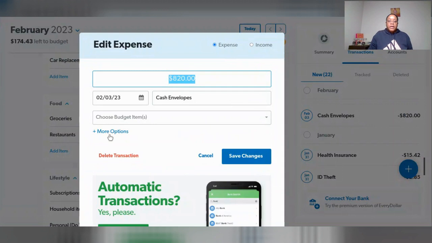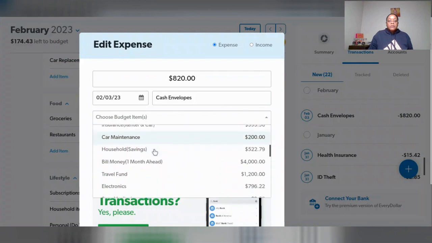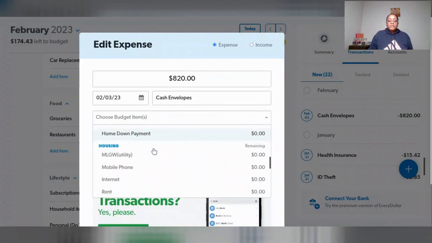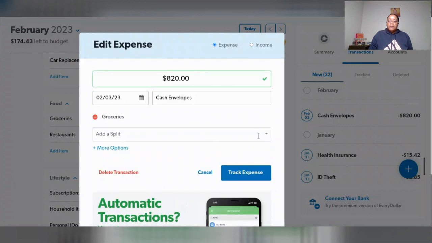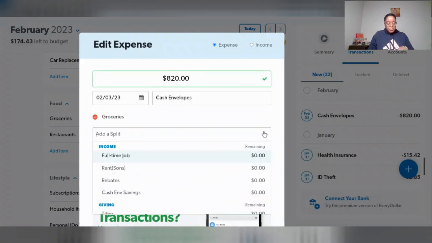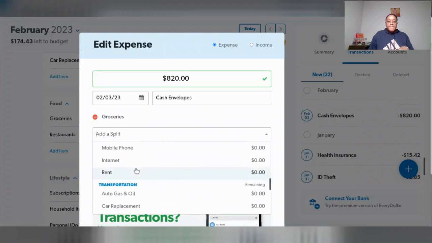All righty, so it's my cash envelopes. And let's put my groceries, and then I'm going to add restaurants. So this is my dining out.